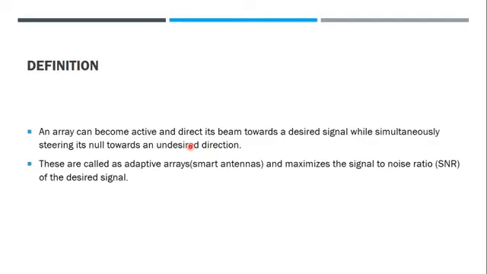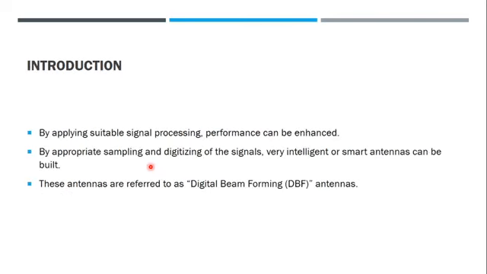And also, the smart antennas are called adaptive arrays, which are capable of maximizing or increasing their signal to noise ratio. Coming to the introduction of the antenna arrays, the adaptive antennas, we can enhance the performance of these smart antennas by using certain digital processing techniques.